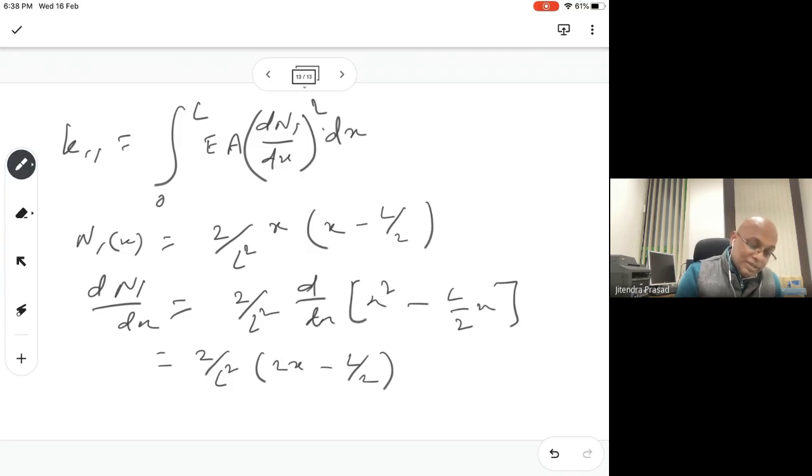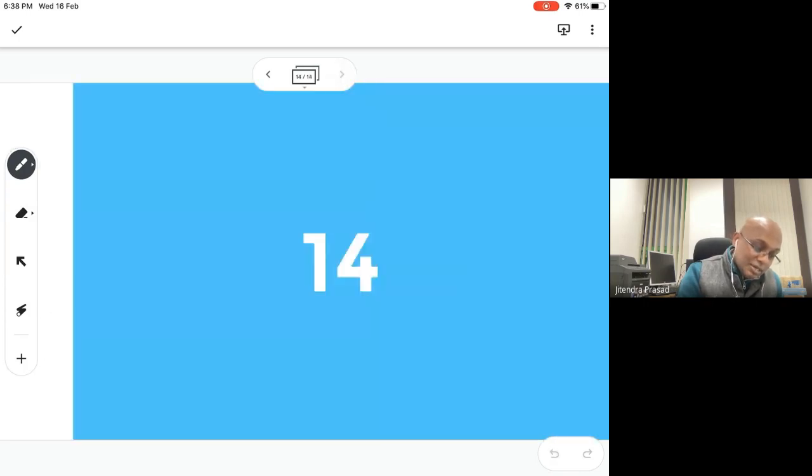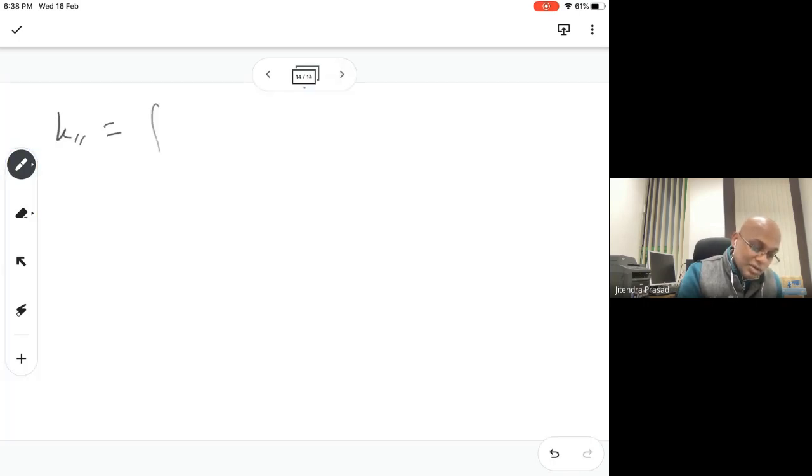So K11 is equal to the integral from 0 to L of EA, which are constant, and then dN1 over dx squared.